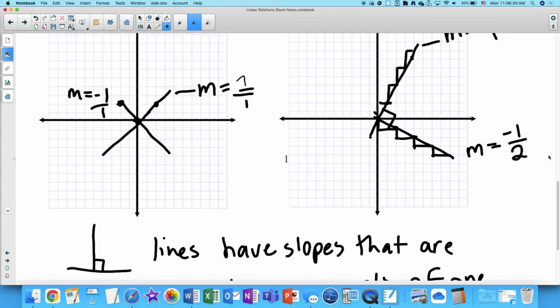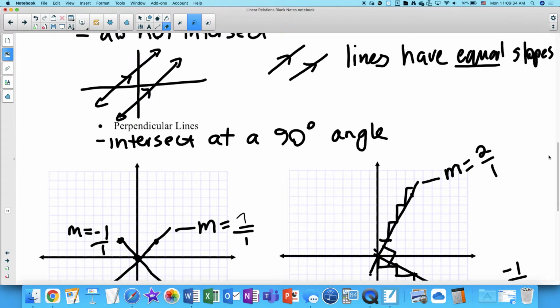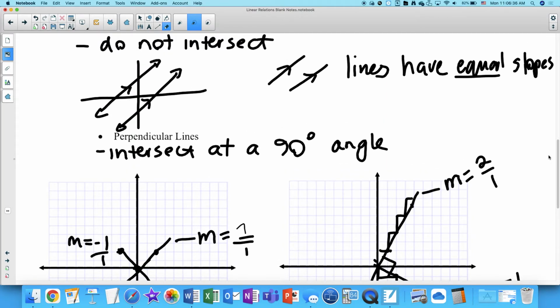One thing that I want to mention about parallel and perpendicular lines is that it's really tempting to say, yes, these are parallel because they look parallel, or yes, these are perpendicular because they look perpendicular. But we cannot rely on our eyesight to prove that two lines are parallel or perpendicular.